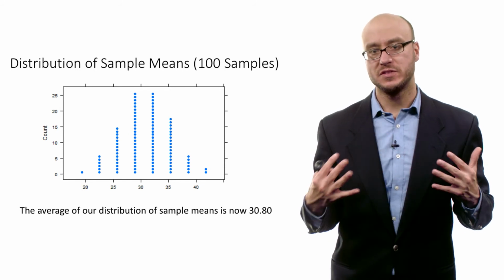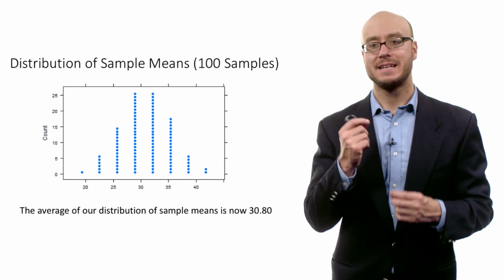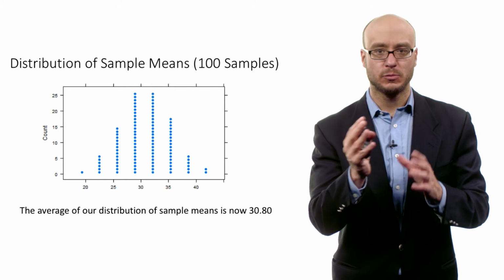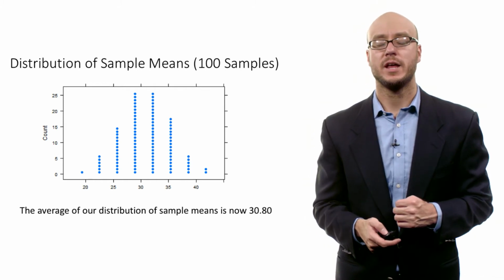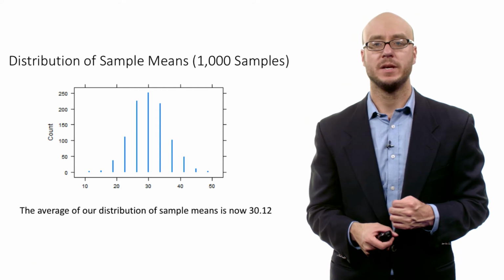Well, what happens when we collect 100 samples, and each time we collect a sample, we calculate a sample mean? Now the average of this distribution of sample means is 30.8. We're still a little bit off, but fairly close to that population mean of 30.14.